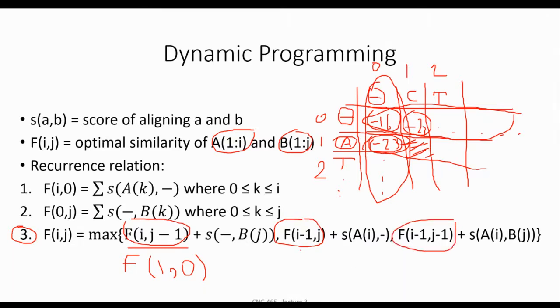The next thing we should know is related to our score of aligning A and B. When we talk about gaps inside them, it means that we are looking again for the first row and first column, and these ones are not inside this table. Be careful. The values of this score of aligning A and B is not inside this table.